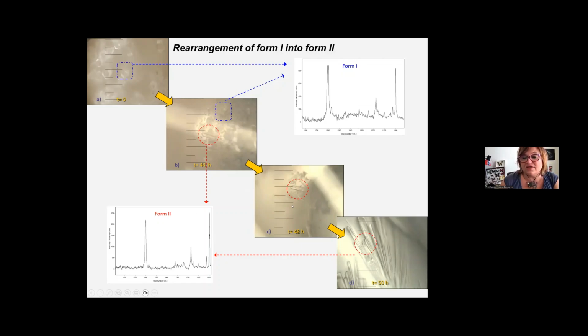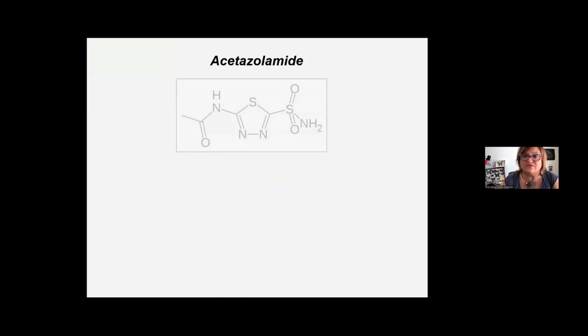You can see also the image, not only the spectra. And then at 40 and 48, and then at 50, it was just form 2. Just keep in mind, yes, it's possible to study the crystallization of your substance, of your drugs, with a particle objective, or through the vial, and the vial can be made of glass. It's possible to have the image and also the spectra.